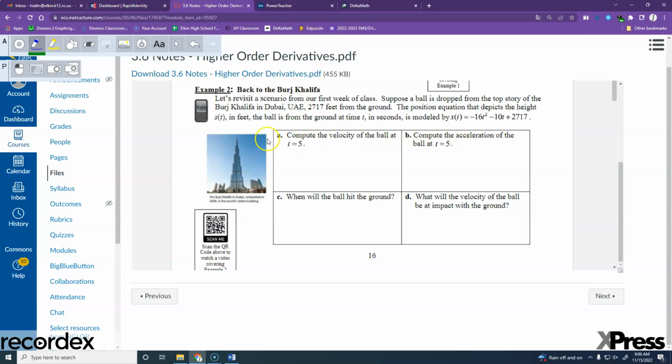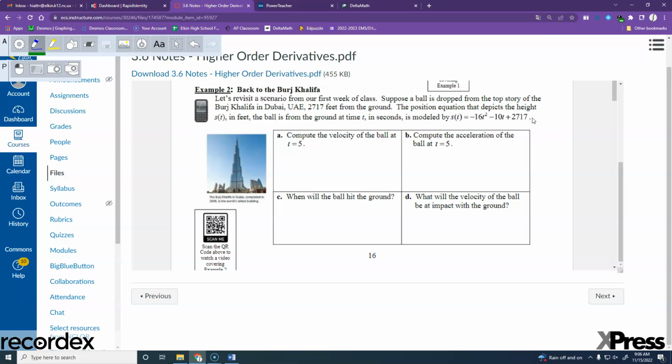So A says to compute the velocity of the ball at t equals 5. So if we are looking at the position formula here, this gives height, so that's our position. To find velocity, we're going to take the derivative. Okay?